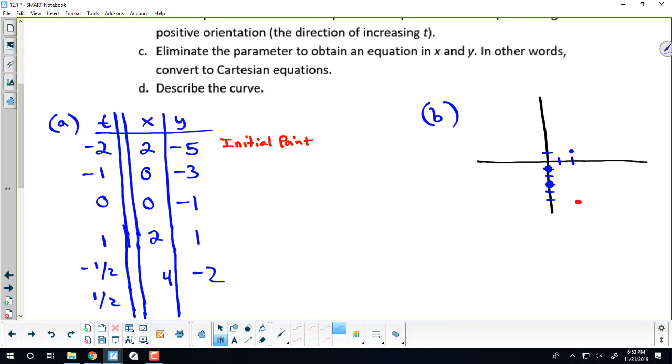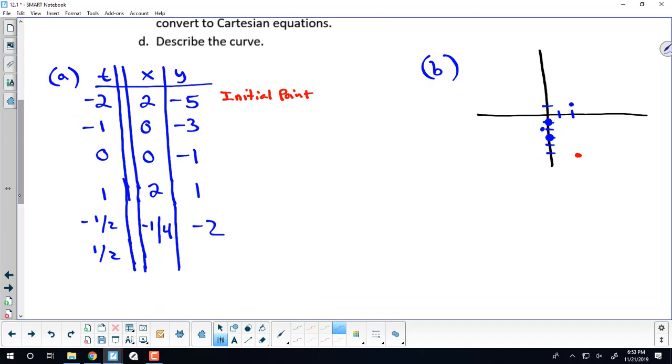So negative 1/4, comma negative 2. Negative 1/4, negative 2. So it's not going to be to scale, but here we have this point here. A fourth plus a half for t equals 1/2. 1/2 squared plus 1/2. And 1 minus 1. 3/4 comma 0.